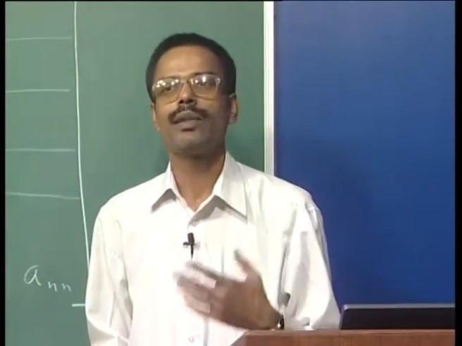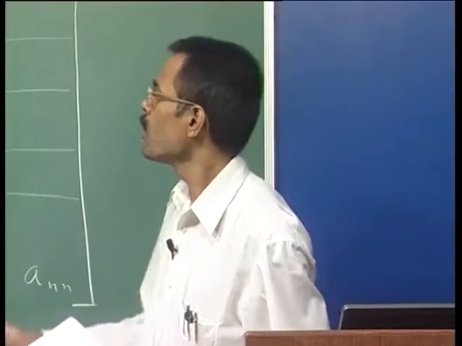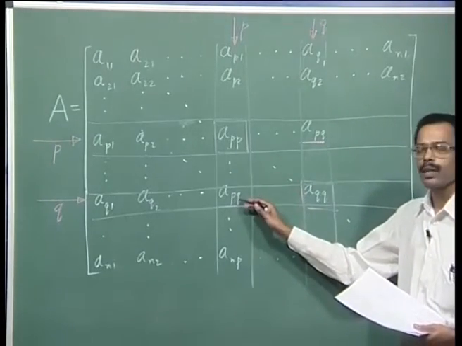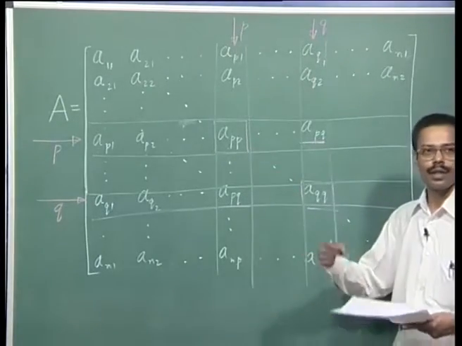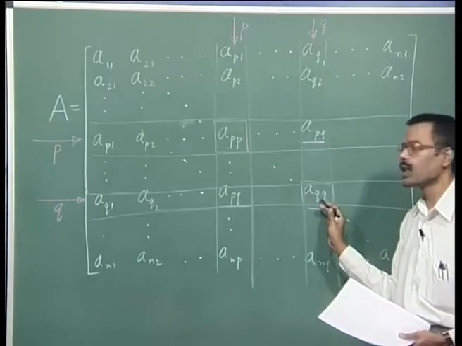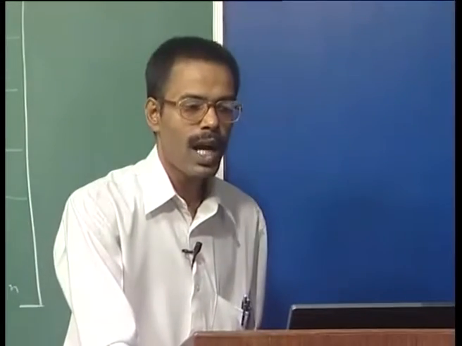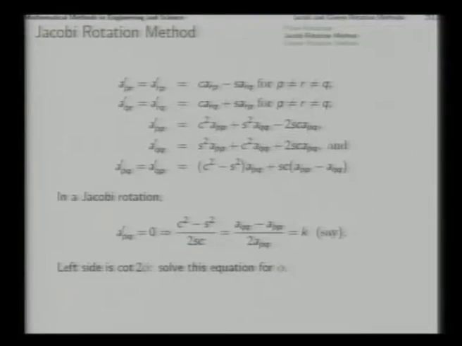One choice is very straightforward, that is try to make these two corner elements 0, and whatever is the consolidation of these corner elements is fine, is welcome. So, when you ask for this PQ term of the transformed matrix to be 0, then you are actually trying to apply what is known as Jacobi rotation.